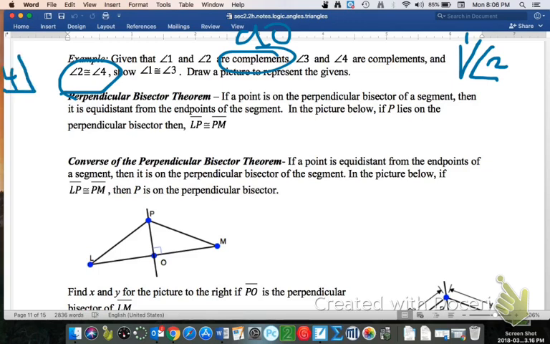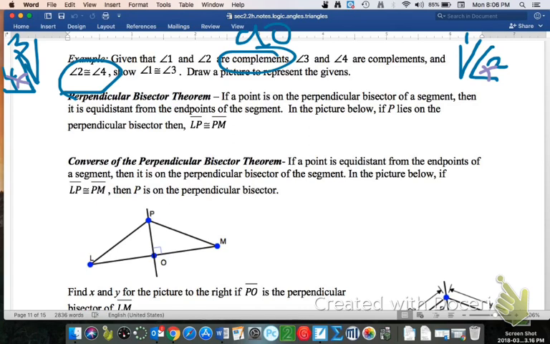So this is going to be my angle 4, and then it's complementary to 3. So 3 and 4 are complementary, and 1 and 2 are complementary, and we know that 2 is congruent to 4. So to show that, we need to do little arc marks on there.